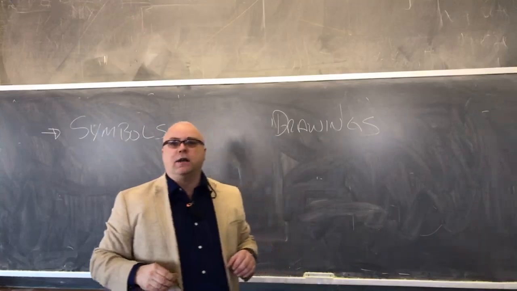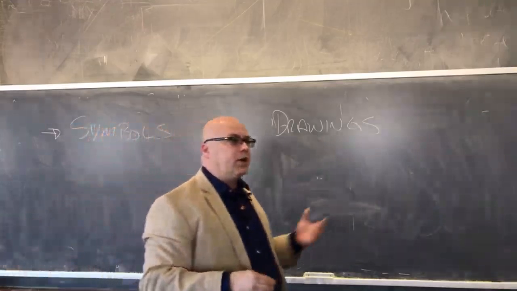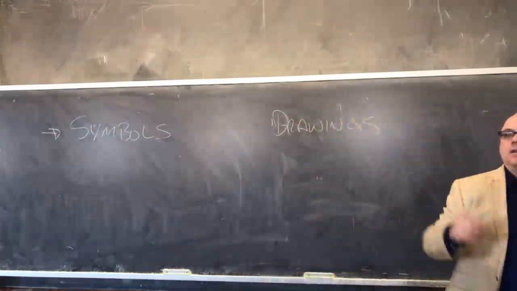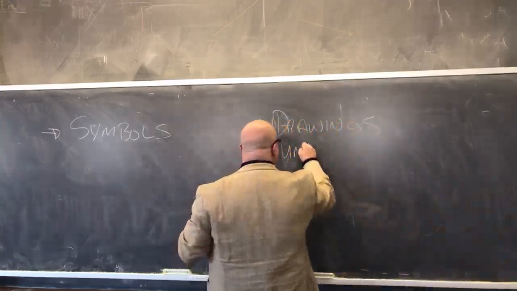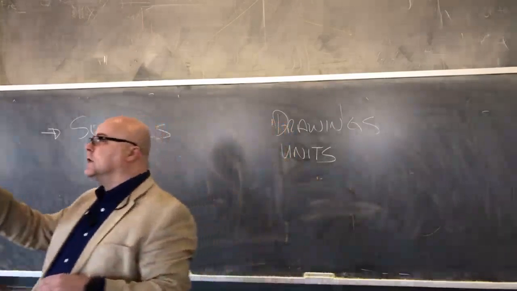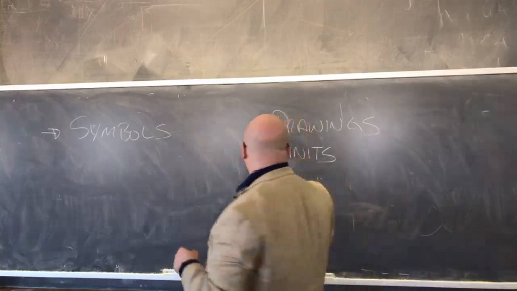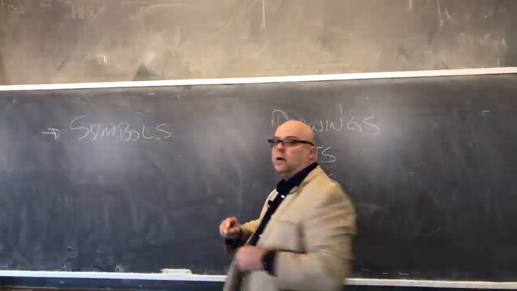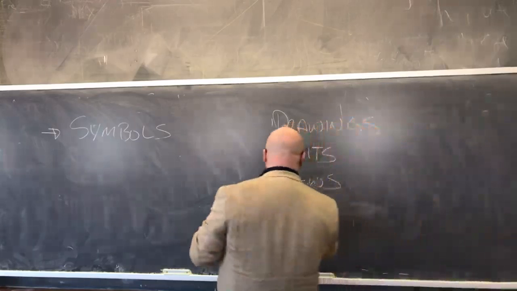When you're creating a drawing, what's the first thing you choose? You're going to create a drawing. Yes. All right, we're going to choose units. That's probably a good thing to choose. You maybe have chosen the units before you go to make the drawing. Views. Right? Yeah. The sheet size.